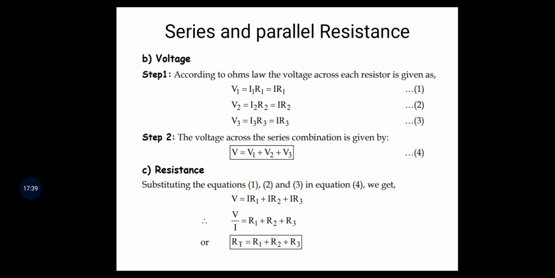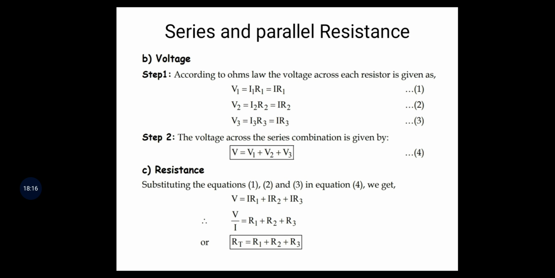The current is constant, I1 equals I2 equals I3 equals I, but the voltage is divided into three parts. The total voltage is V equals V1 plus V2 plus V3.